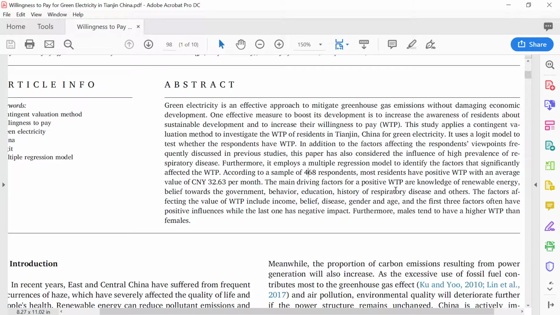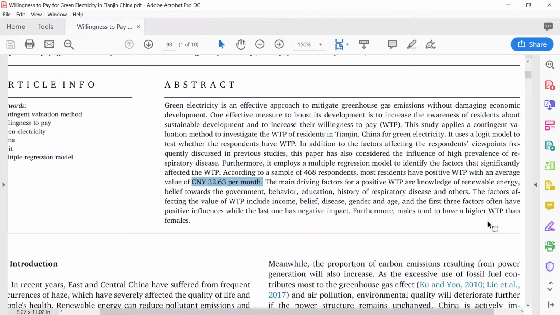And then the follow-on questions led to a specific dollar value that they would be willing to pay. In this case, there's an average willingness to pay of 32.63 Chinese renminbi per month. And so that equates to roughly, probably $5.50 Australian, something like that.